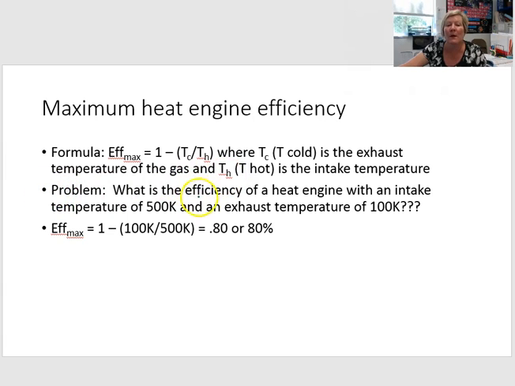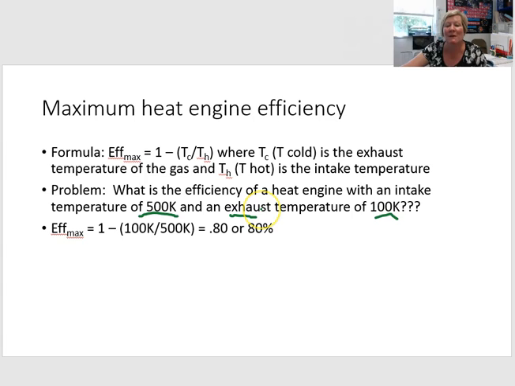So here's our problem. What is the efficiency of a heat engine with an intake temperature of 500 K and an exhaust temperature of 100 K? First of all, you have to figure out which is your T hot and which is your T cold. All right. And in this case, when we say intake temperature, that's your T hot.